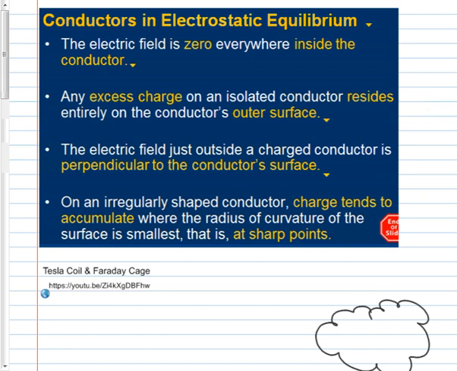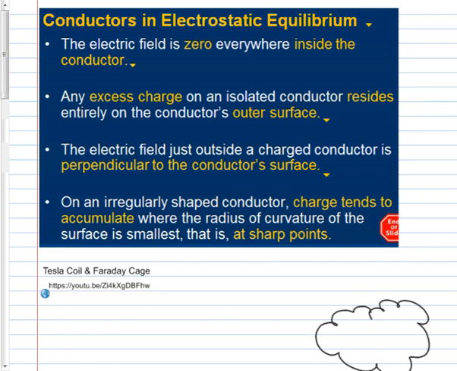Now, if I have a spherical conductor, like those Van de Graaff generator globes back there, they're not perfectly spherical, but the idea is to keep them spherical because I can build up the largest charge on a sphere. If it's irregularly shaped, those charges will accumulate on the sharpest points. When they say the radius of curvature of the surface is smallest, that's the sharp points. They will collect on the sharp points. Now we're going to see some demonstration of that.